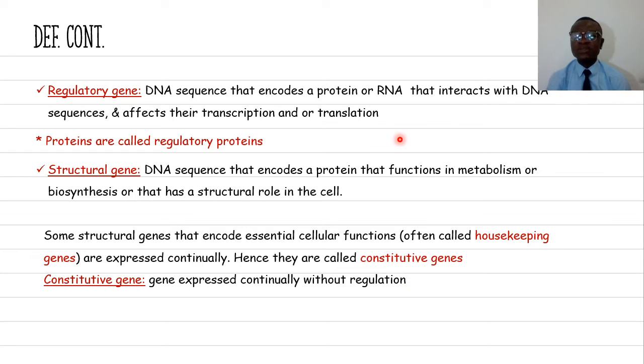So the regulatory genes usually produce proteins that are termed regulatory proteins. The regulatory protein will either serve as a repressor, meaning it will stop the expression of a particular gene, or it will serve as an inducer and stimulate the expression of a particular gene. That is the importance of the regulatory gene.